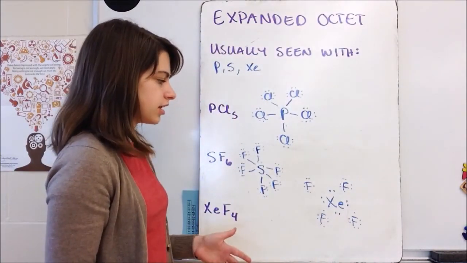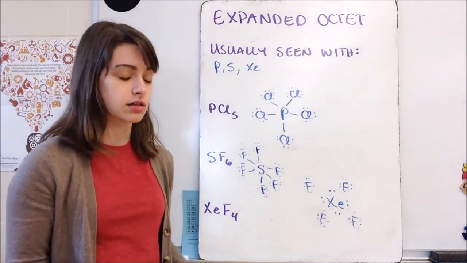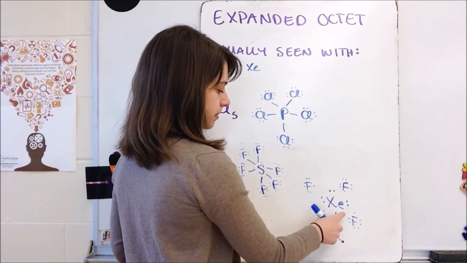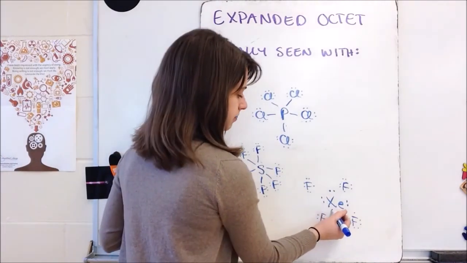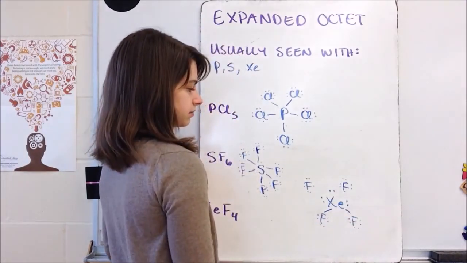So each single electron is going to find an electron from xenon. Now, they're all in pairs, so we're going to start by splitting up 1 pair at a time. So let's split up this bottom pair, and one of those is going to bond with this fluorine, and one is going to bond with this fluorine.